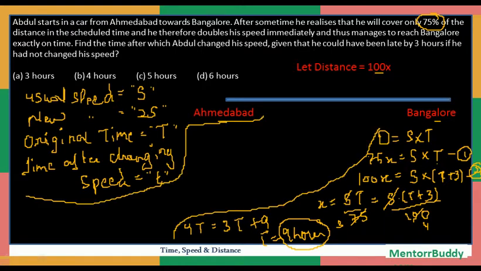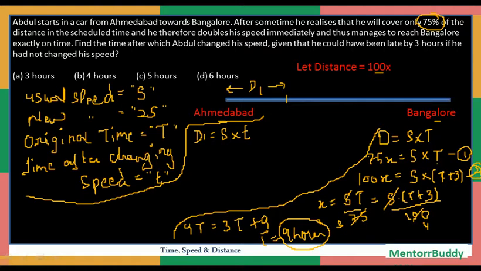Now, the first part of the question says if he had moved at the usual speed, the distance covered is, let's say, d1. So d1 is equal to speed s, and for time small t he had driven the distance d1. So d1 is the first part of the distance covered, at the speed of s for the time small t.